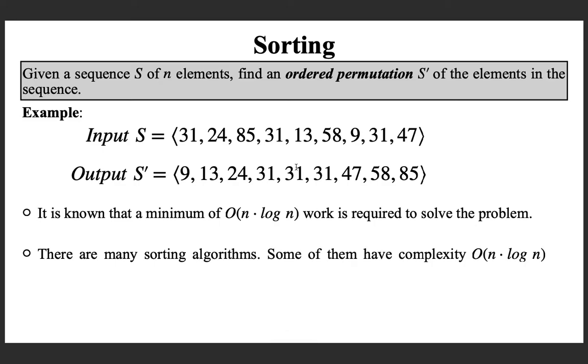Some of them have complexity order n log n, and others have complexity order n squared. For example, merge sort is an example algorithm with n log n complexity, and bubble sort is an example sorting algorithm with complexity order n squared.